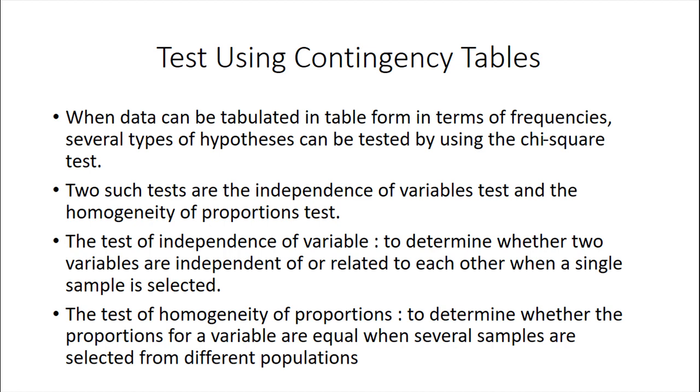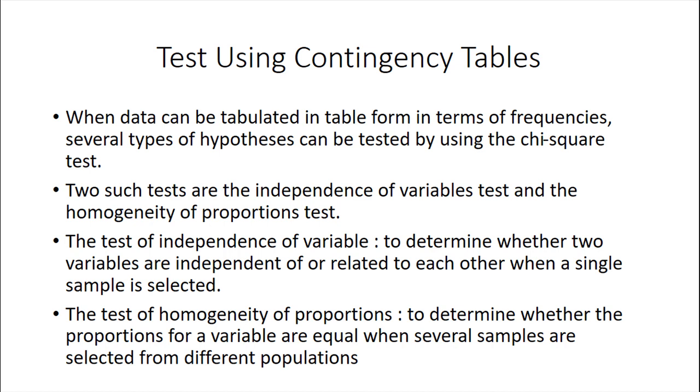Now when data can be tabulated in a table form in terms of frequencies, several types of hypotheses can be tested by using the chi-square test. Two such tests are the independence of variable test and the homogeneity of proportion test.